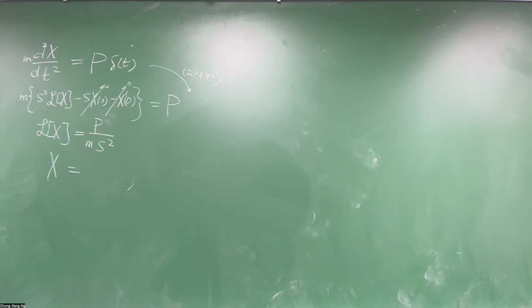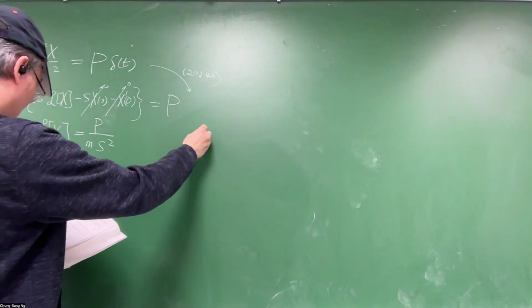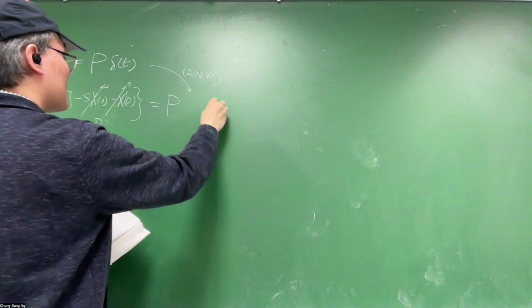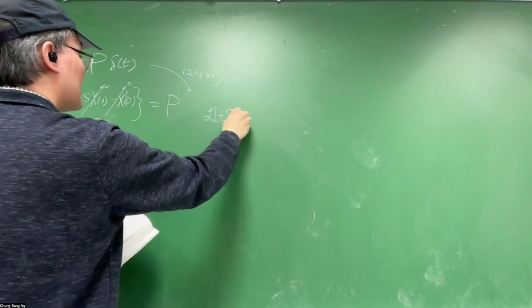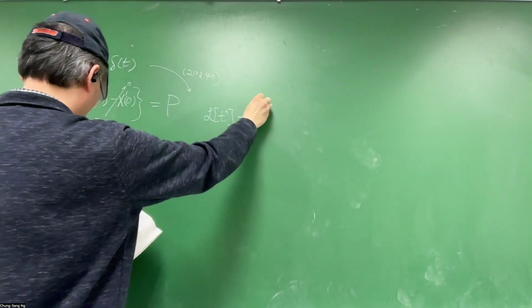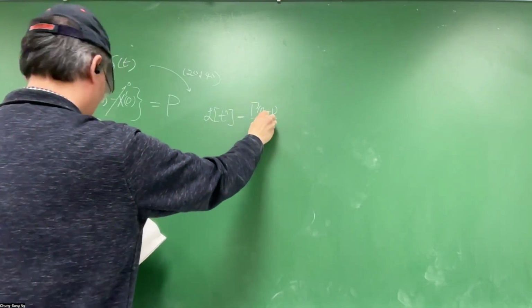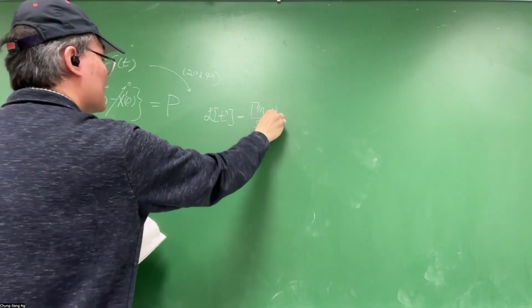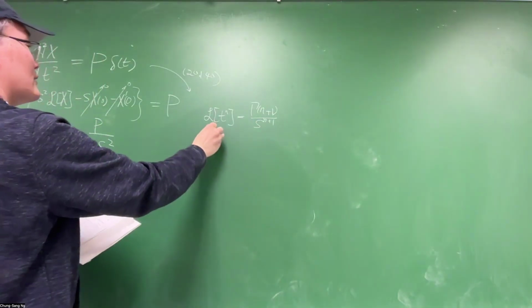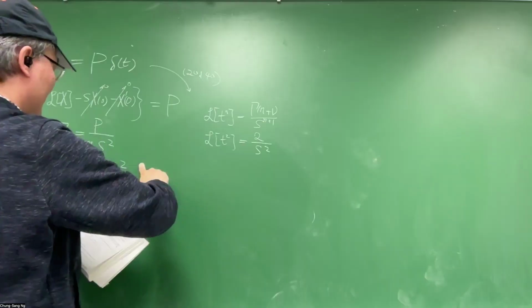Item number 3. Item number 3 is the Laplace transform of t to the n, gamma of n plus 1 over s to the n plus 1. Sorry, I got it wrong.